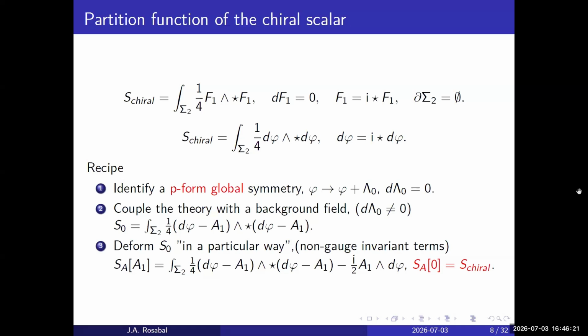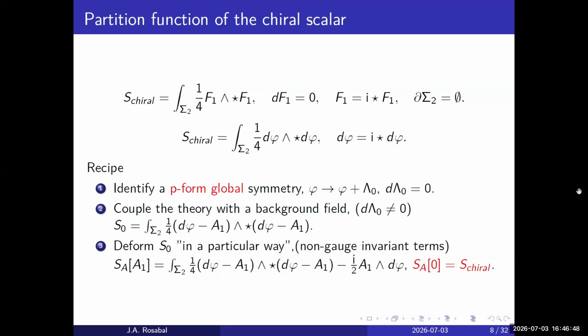In 2D it can be formulated or defined in this way. You have a usual Maxwell type action, F1 wedge F1, with this Bianchi identity, and you have this extra constraint. By the way, sigma 2 is closed. This is important for this kind of calculation. Or locally, if you want, you can solve the Bianchi identity and rewrite this as an exact form, introducing a scalar field. So this is the chiral theory.